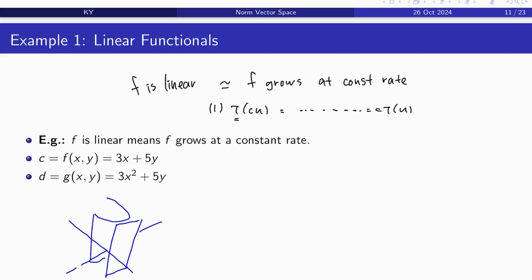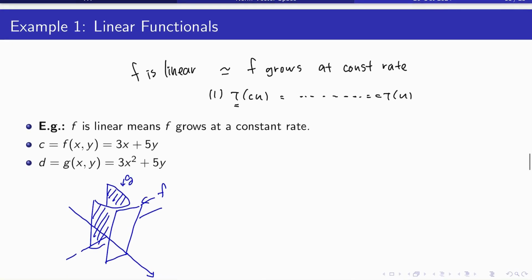Sorry for my bad drawing, but that's the idea. You have your f, which is a plane right here, and you have your curved surface right here. You have your g right here.